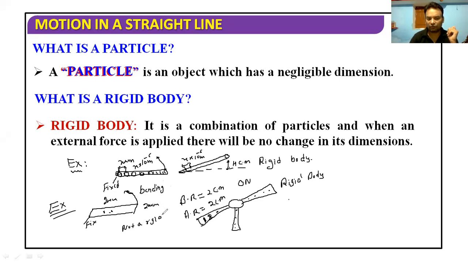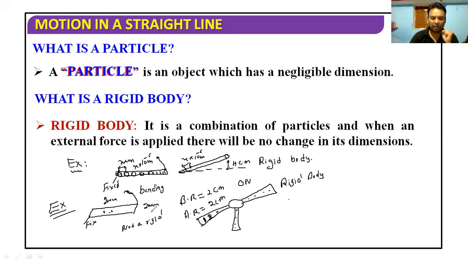So what is the difference between a rigid body and a non-rigid body? In a rigid body, if we make any change in the position of the body and the distance between its constituent particles is not changing, then it is said to be a rigid body.